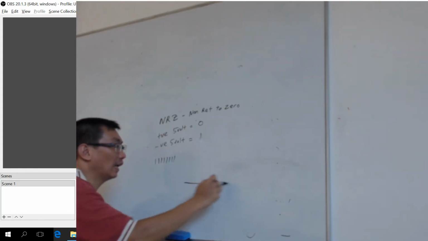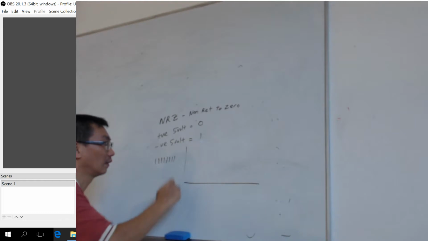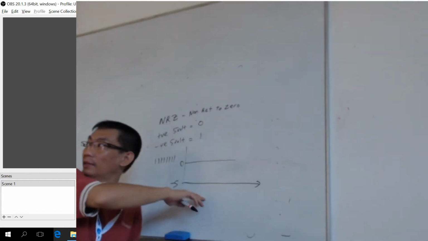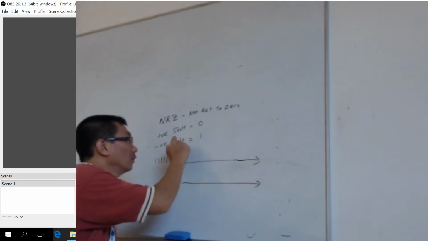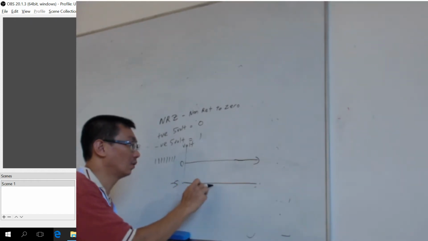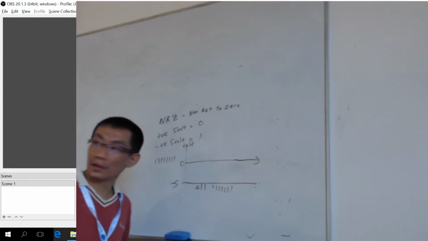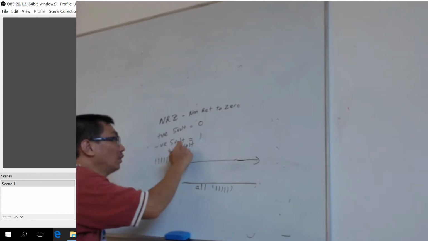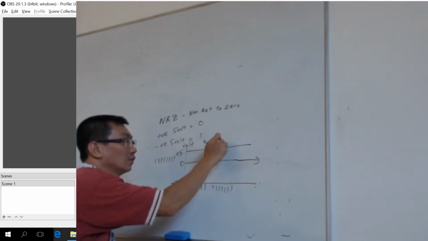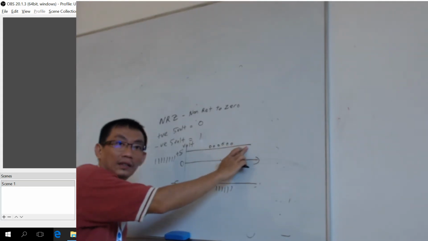It will be negative only. Here is 0, the signal. Here will be negative 5 volt. You send like this, correct? So this is all 1. Okay? If you send all 0, then here will be positive 5 volt. This is all 0, 0, 0. The signal will look like this.